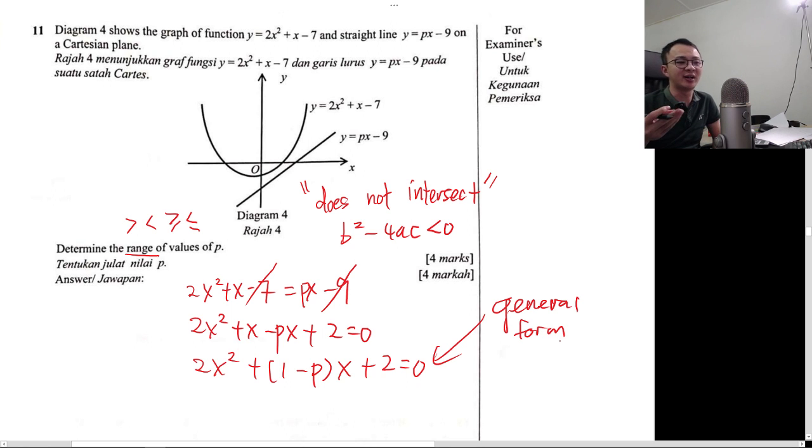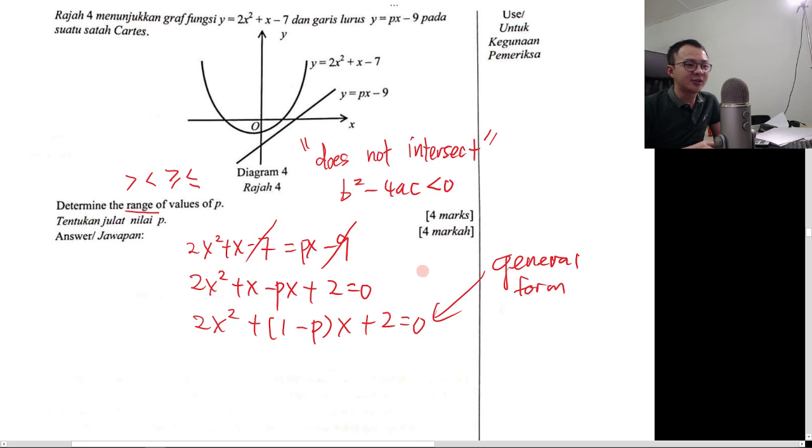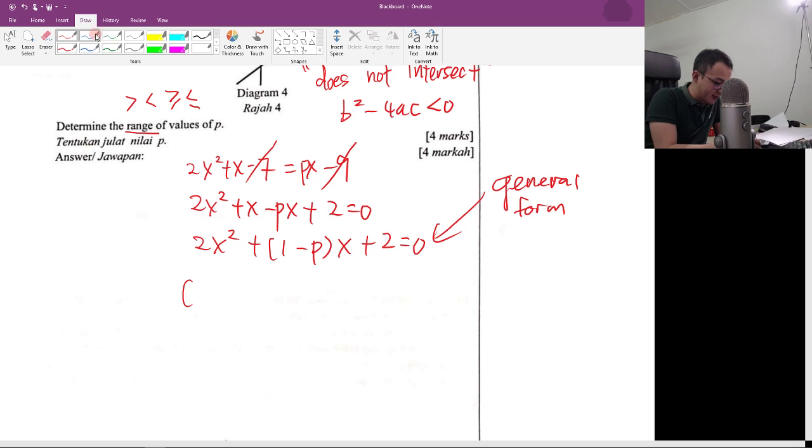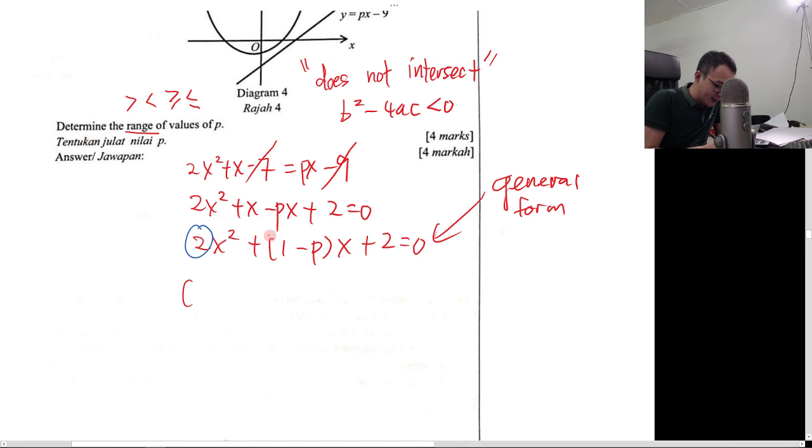You cannot straight away take out the ABC from there. Okay? Just in case you do not know what is A, B, and C, this is A, this is B, and this is C.